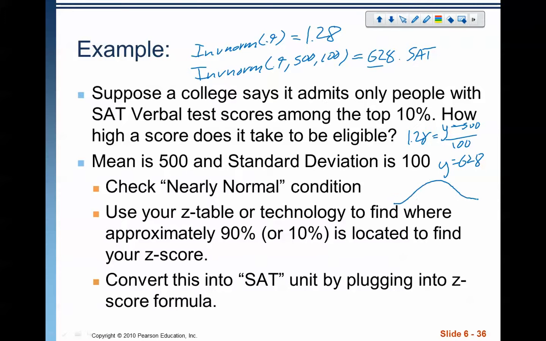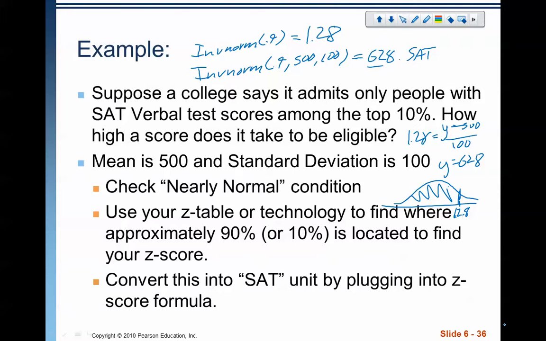You need to draw a picture. It is always a safe bet that you should draw a picture of the normal model anytime we're talking about the normal model. You're going to draw a picture of the normal model, mark off 90%, shade this area, and label that as 1.28.